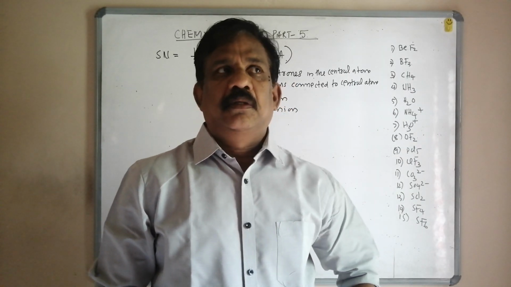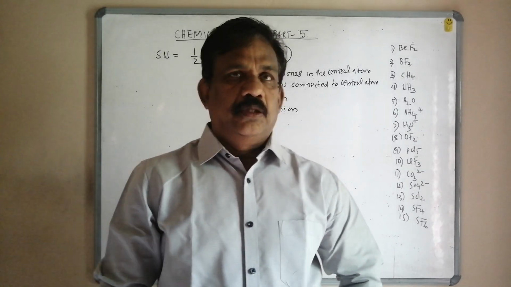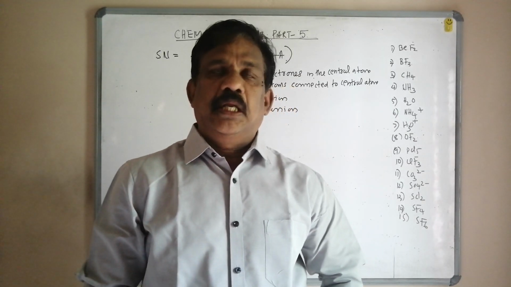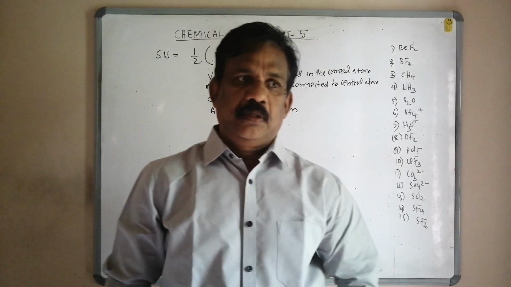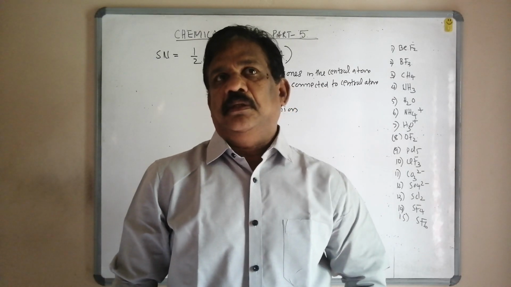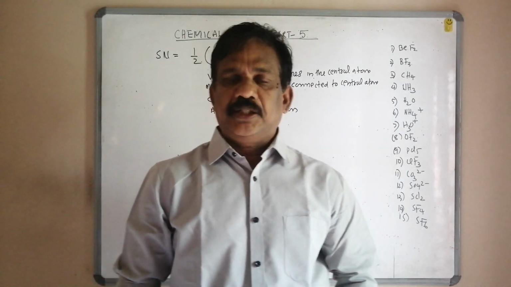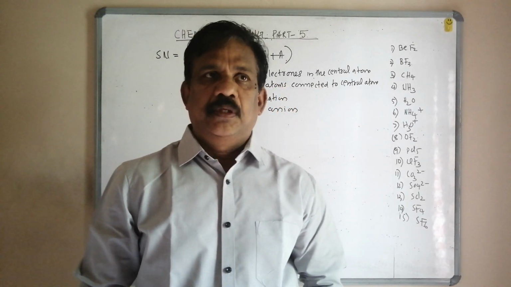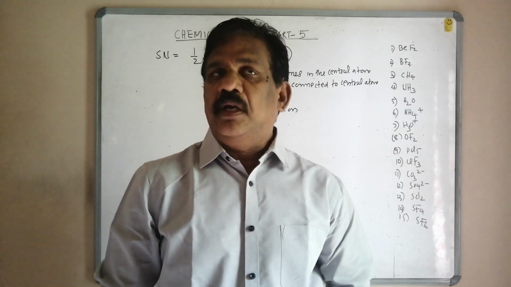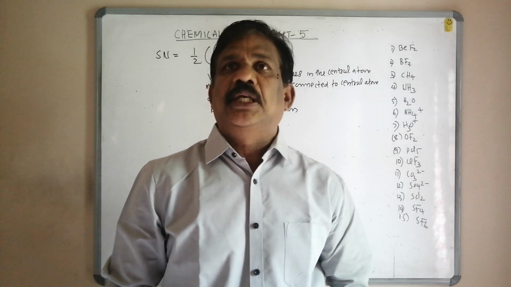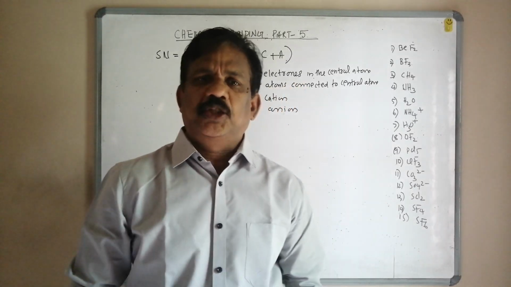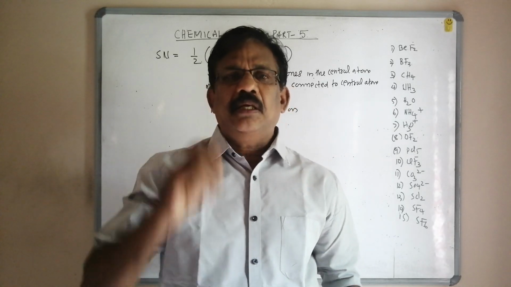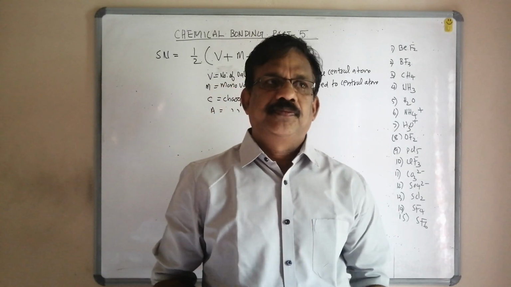This is our 5th class through my YouTube channel Center for Chemistry Kollam, and in the previous classes we discussed the concept of hybridization and different types of hybridization such as sp, sp2, sp3 and sp3d.